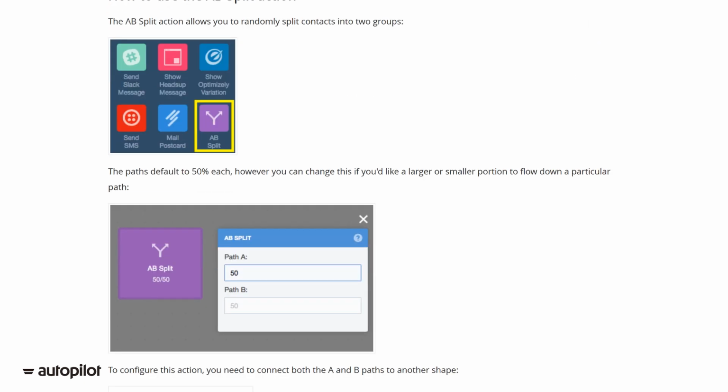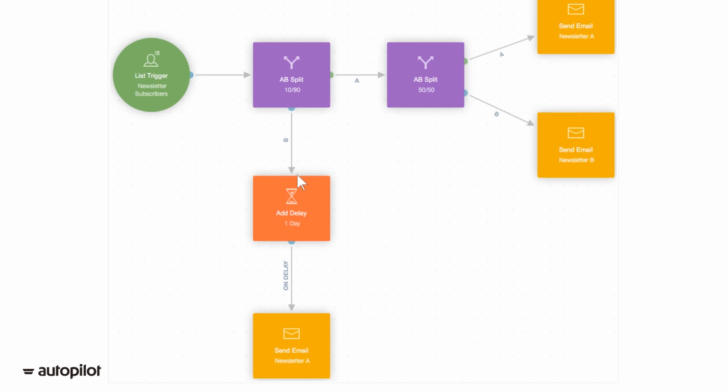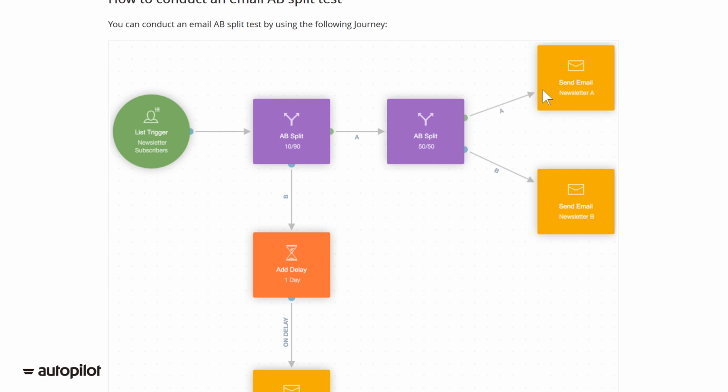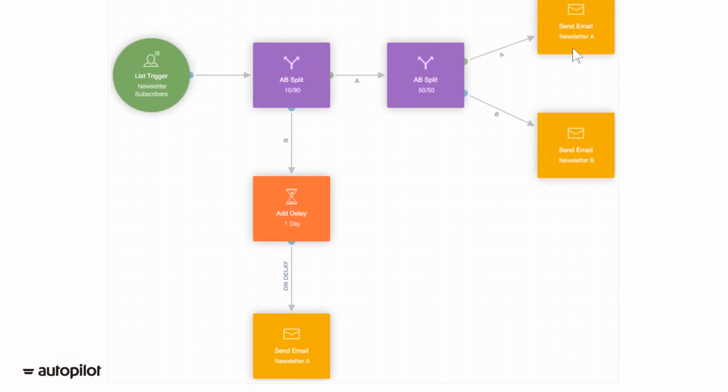But if we look at how it's explained in their knowledge base, the example they give of how to do an A/B split test is this here, where they basically say you send people down these two splits and test these two newsletters. And the idea is that you send the rest of your traffic down a delay, right? You have them wait, and before this wait is over, you're supposed to go and manually check which one of these performed better, and then copy that email and put it in here.